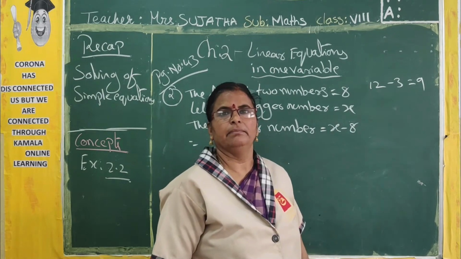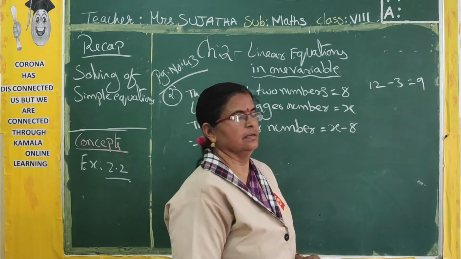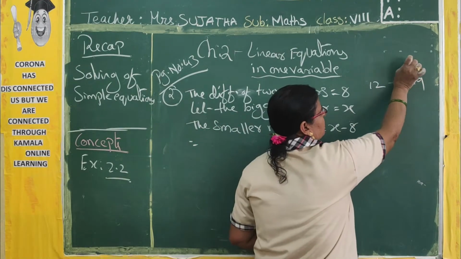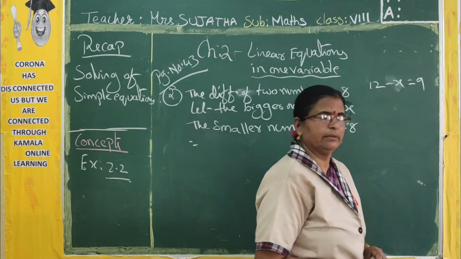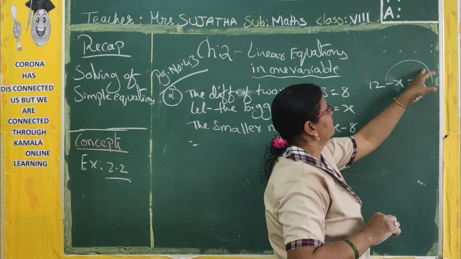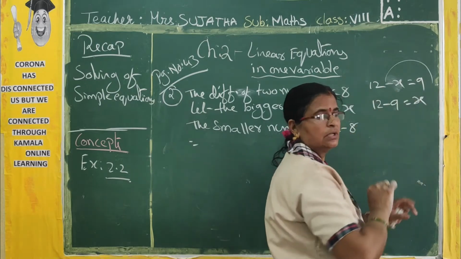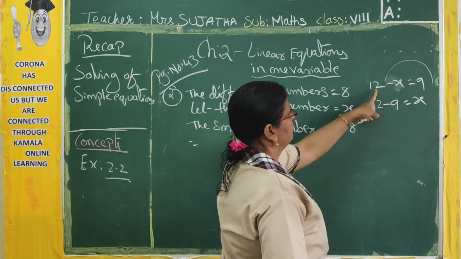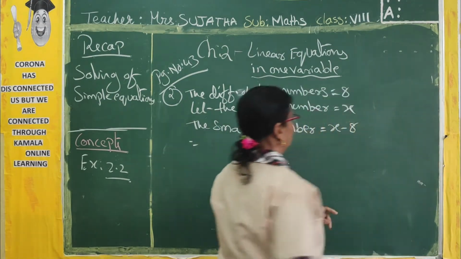The bigger number I am taking as x. Then what about the smaller number? If the smaller number is not there, like this only, to get the smaller number, I will replace this x here and this 9 here. Then it becomes 12 minus 9 is equal to x. That only I did here. Understood? Okay? Here the bigger number will be x.